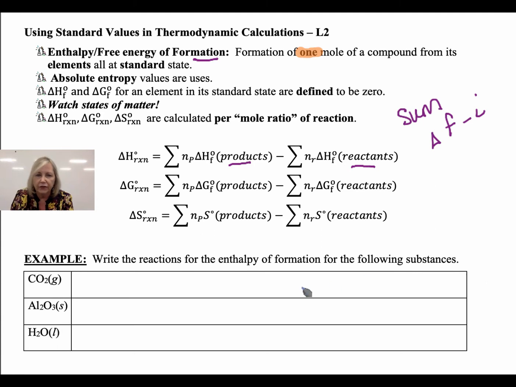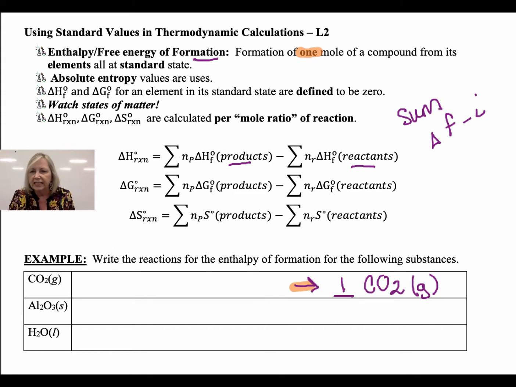So let's take, for example, down here I have CO2, and that would mean I would be forming 1 mole of CO2. Okay, and in this case it's CO2 gas. So that's one criterion, is that it has to be balanced, so there's a 1 in front.